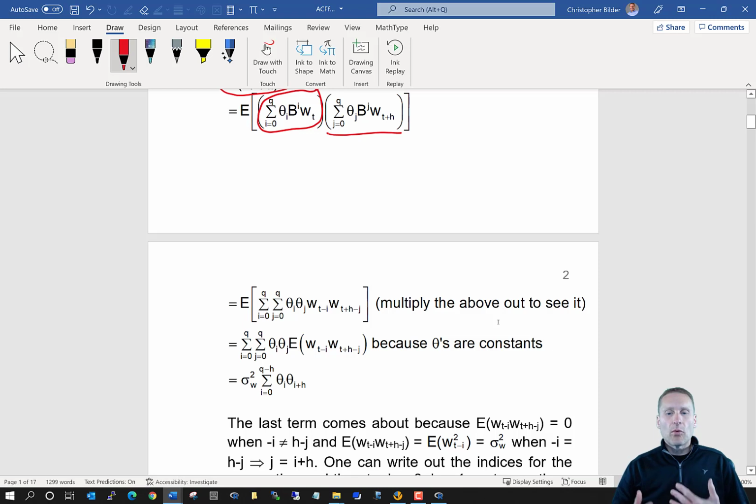Then we can multiply out the corresponding terms. The easiest way to see this is, suppose q is equal to 1, what do you get? Suppose q is equal to 2, what do you get?